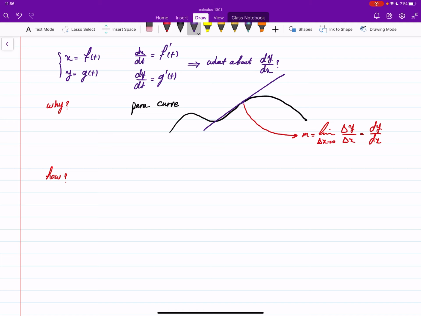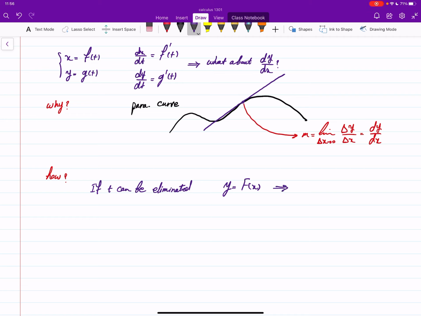You may say, okay, let's see what will happen if we can eliminate t. If t can be eliminated, in other words, I can write y as a function of x. And well, what does that mean?